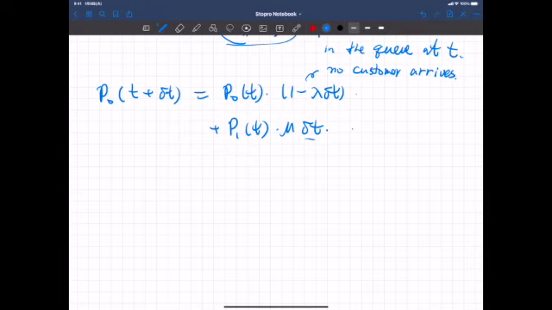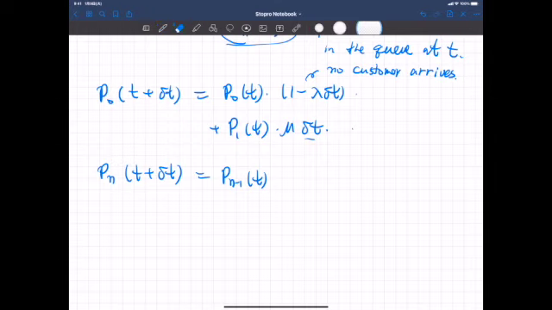In general, suppose there are n customers at time t plus delta t. Then what should be the possible scenarios at time t? Suppose there are n minus 1 customers at time t. Then what should happen is that a new customer should arrive, and that's it.